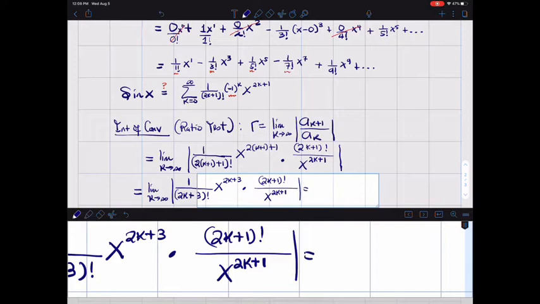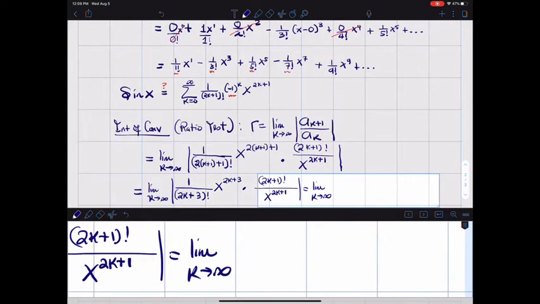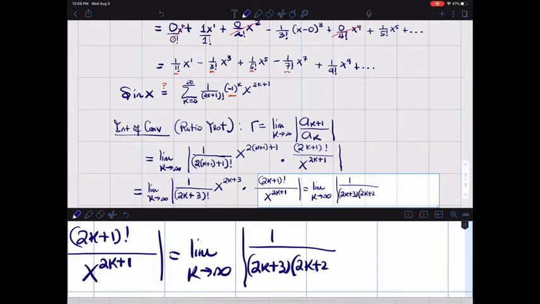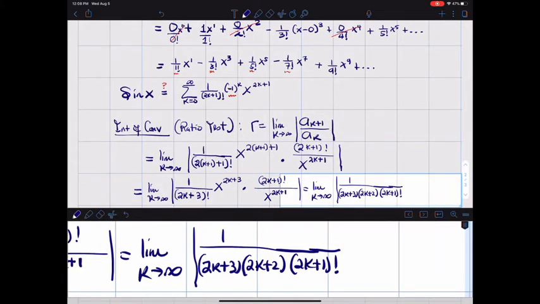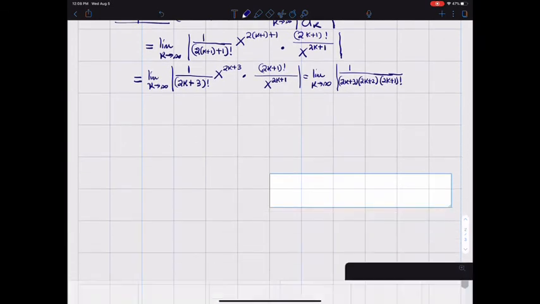So we can break it down so that we can cancel stuff out. Limit as k goes to infinity, 1 over (2k plus 3) times (2k plus 2) times (2k plus 1) factorial. Then, let me bring it down here.